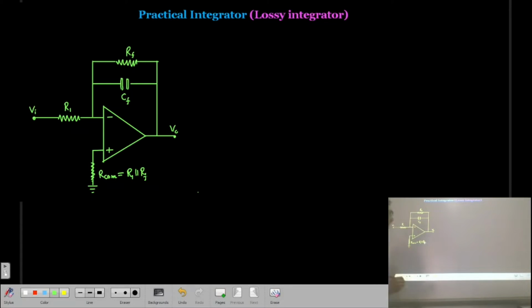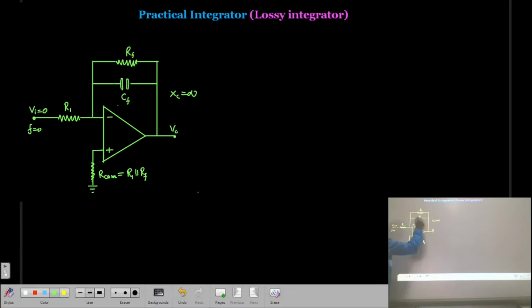So now in this case what will happen? Whatever the bias current will be there, this bias current will pass through the resistance Rf instead of Cf. Now remember, when your input voltage is 0 or the frequency f is 0, means you are applying a DC voltage, in that case, this capacitor reactance Xc is going to be infinite.